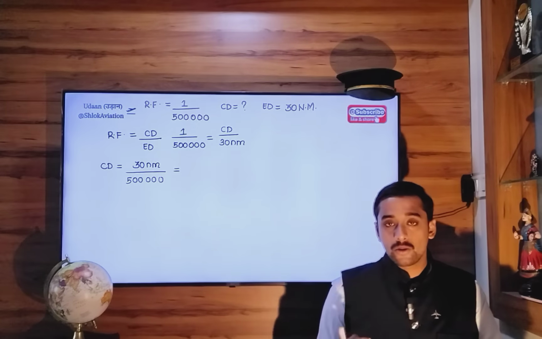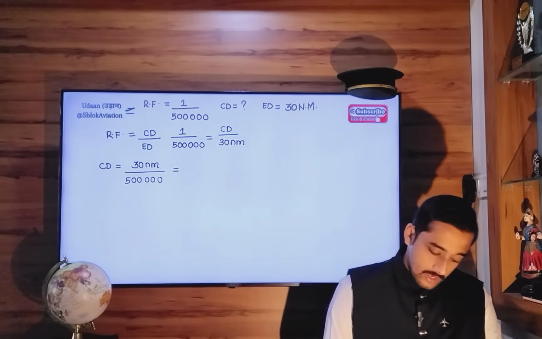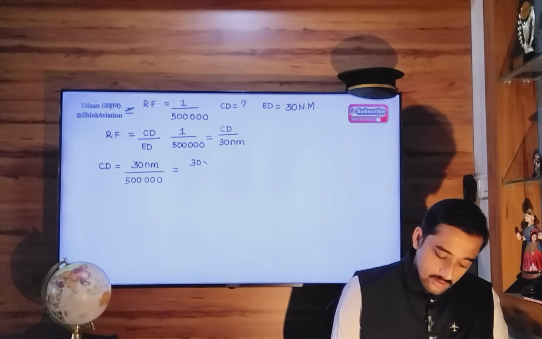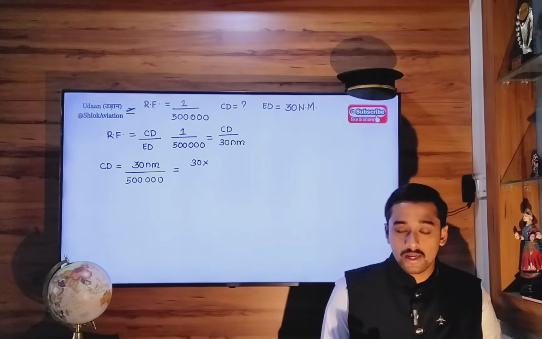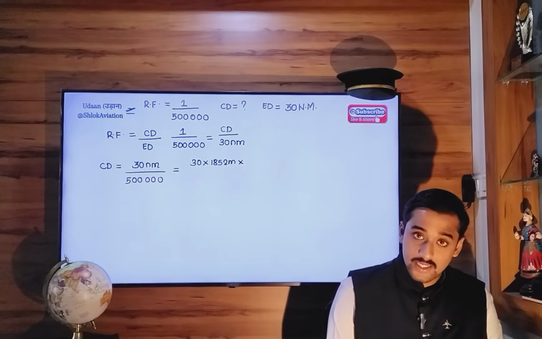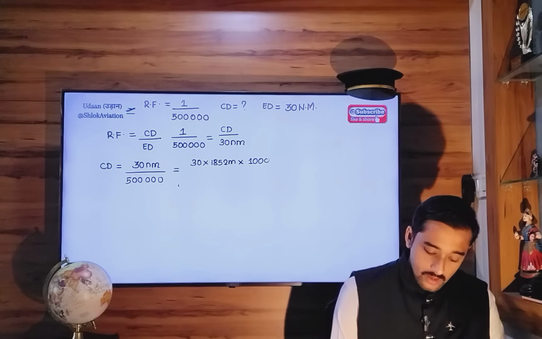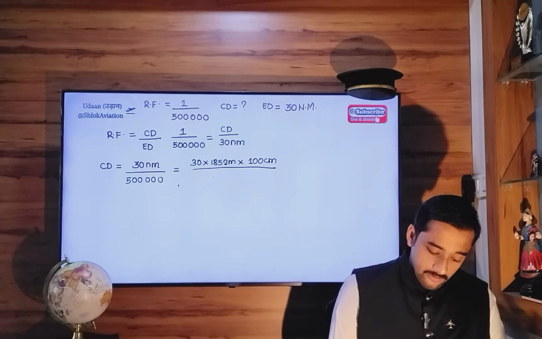Convert nautical miles into centimeters or inches. Let's convert this into centimeters. Now 30 nautical miles, where 1 nautical mile is 1852 meters, and 1 meter is 100 centimeters, so multiply by 100, and divide by 5 lakh.